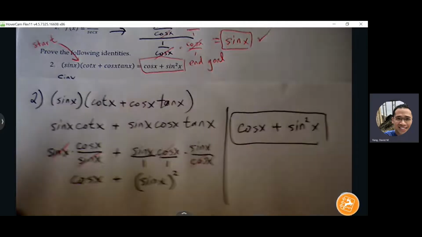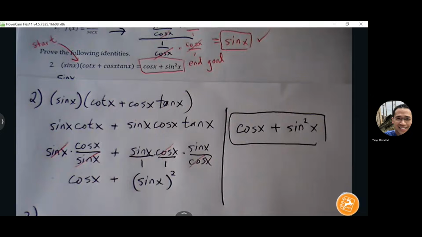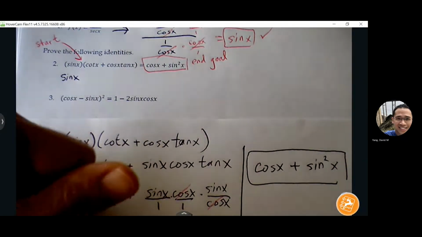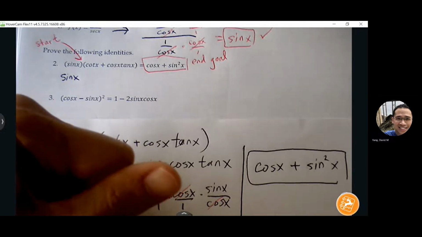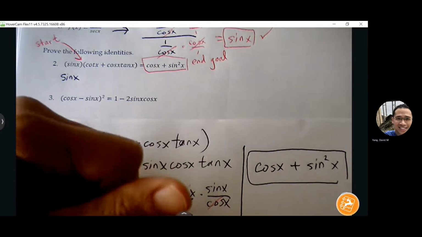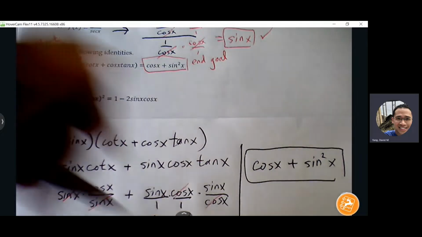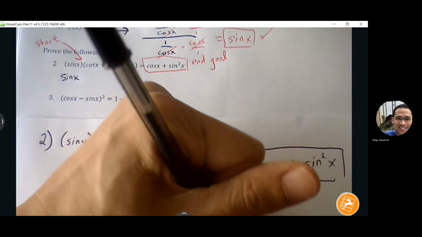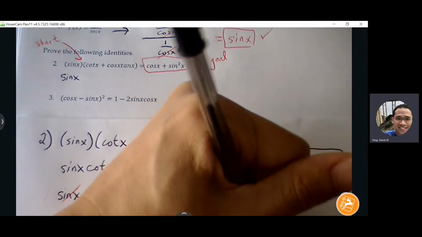All right, let's look at number 3. Again, the rule of thumb is we can always start on the left side and let the right side be your goal.